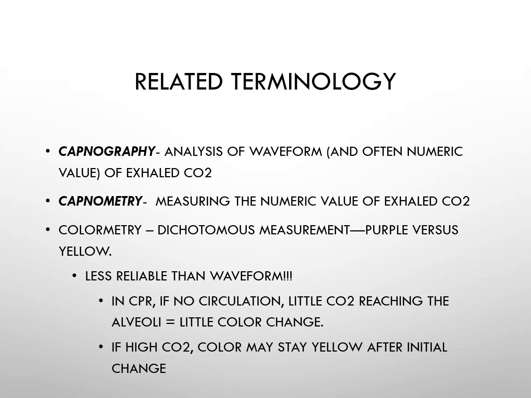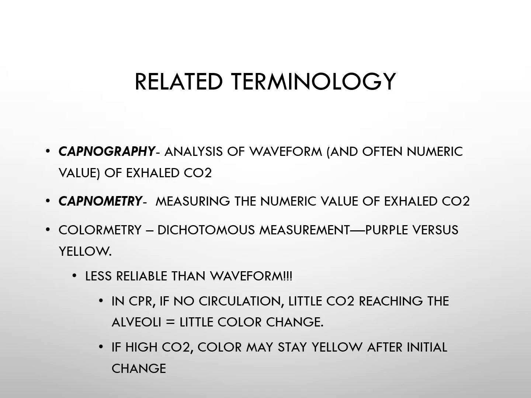A still related but somewhat different term is colorimetry, which is, I'd say, dichotomous. It's a measurement of, is it purple or is it a yellowish sand color? And what that actually means.